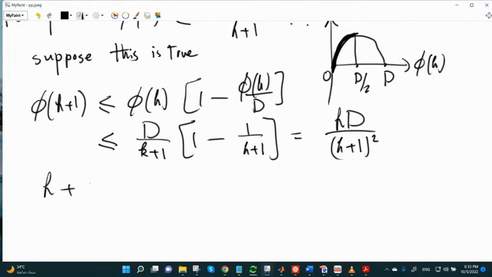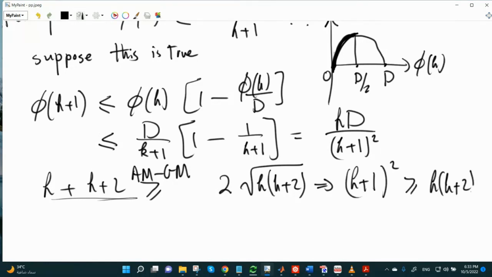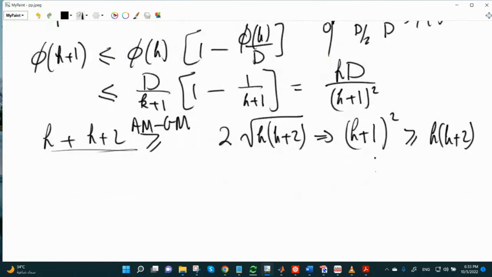And then we know that by the AMGM inequality, k plus (k plus 2) is greater than 2 square root of k times (k plus 2). And so these two guys, 2k plus 2 divided by 2, that's k plus 1. And so k plus 1 squared is greater than or equal to k times (k plus 2). And so k over k plus 1 squared is upper bounded by 1 over k plus 2.